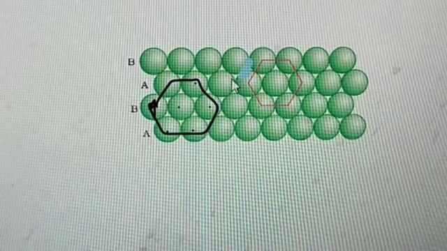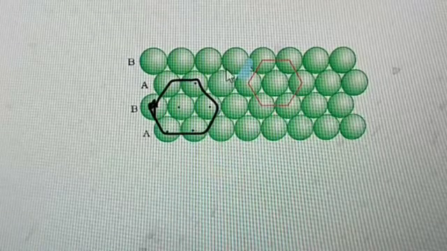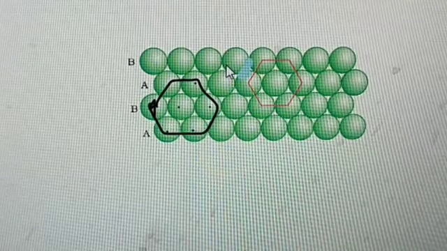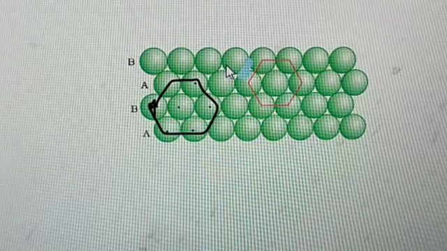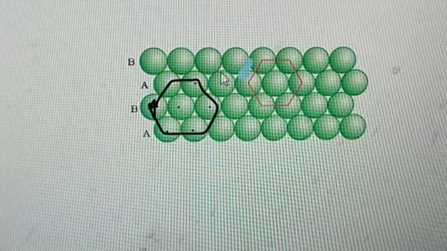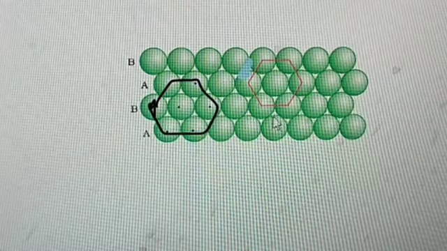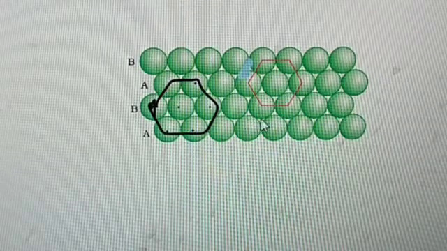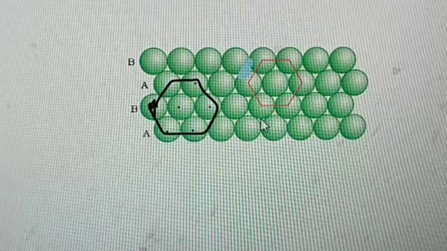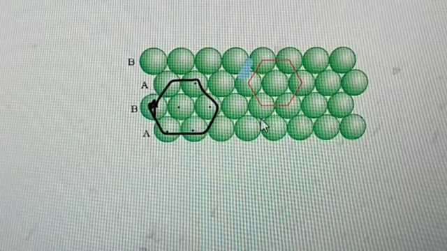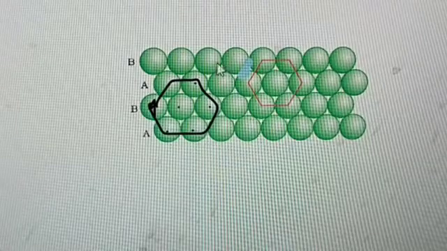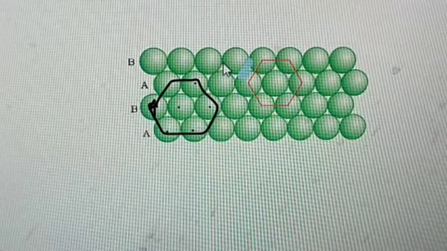Now the gaps which are present here are triangular in shape. Is it not? You can clearly observe the gaps which are present in this. We can also call them voids. Voids. So here, triangular voids are present. Why? Because you can clearly observe the triangular free space.